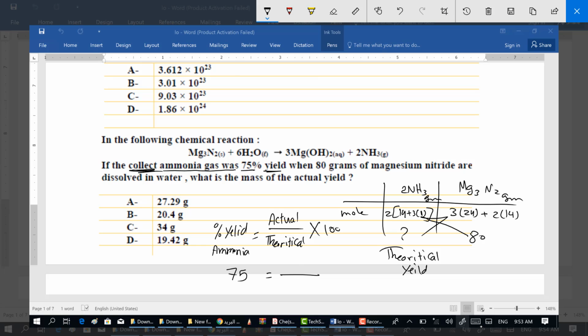The actual is what we need, the theoretical is what it will produce from this equation, multiplied by 100. So the actual equals 75 times the theoretical, divided by 100, which gives us the answer.